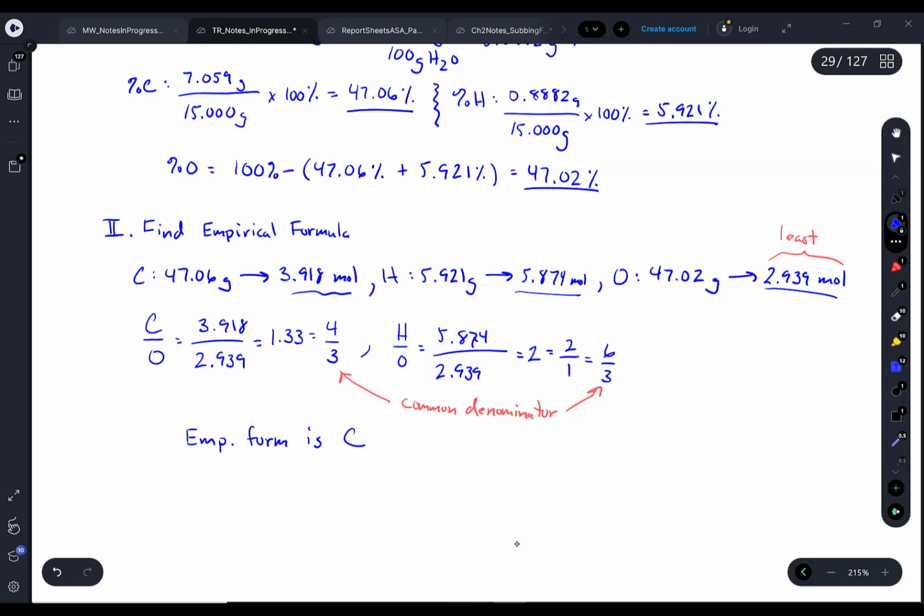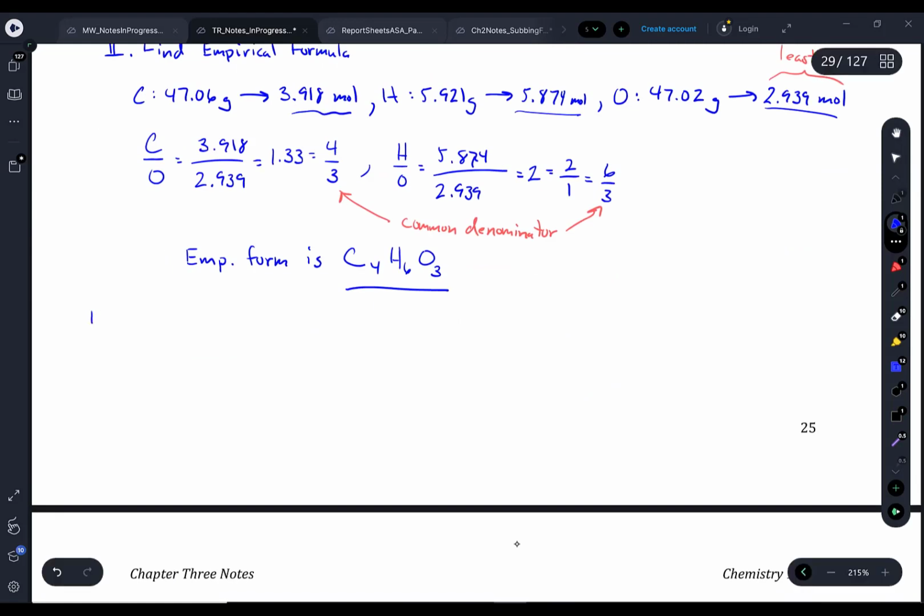What number goes after carbon? 4. Good. Hydrogen? 6. Oxygen? 3. Okay. And then finally, we want to find the molecular formula.